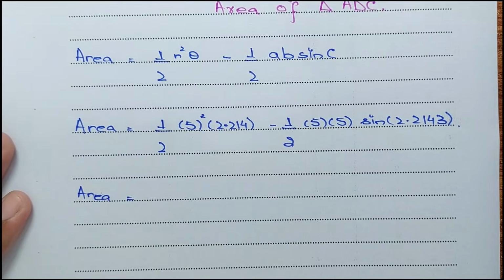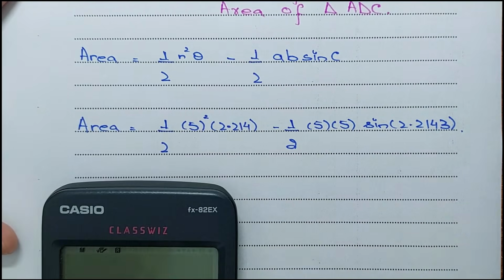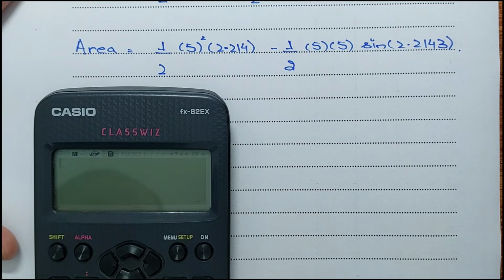Okay, let me simplify it further. So the area becomes 2.214 multiplied by 5 squared and divided by 2.